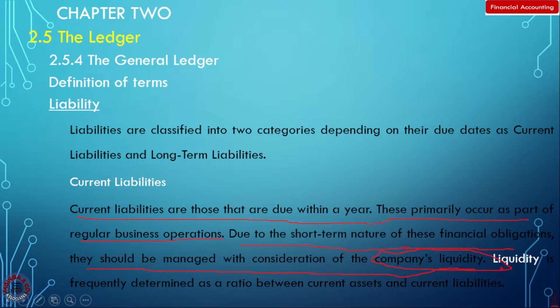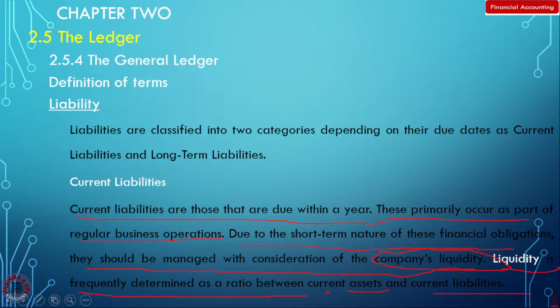Liquidity is frequently determined as the ratio between the current assets and the current liabilities. It's the ratio of the current assets and the current liabilities. So if your current assets are not enough to pay your current liabilities, you'll be saying your company is not liquid enough to manage your current liabilities.